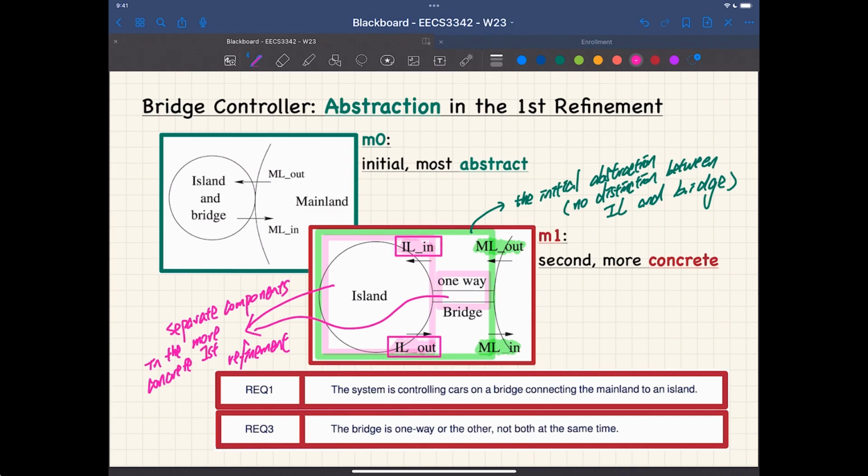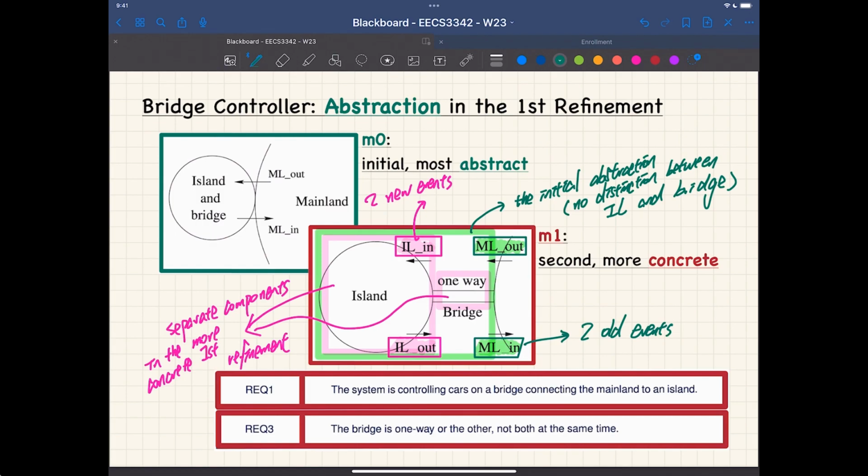So these are the two new events. Whereas ML out and ML in are the old events, which already exist in the initial model.